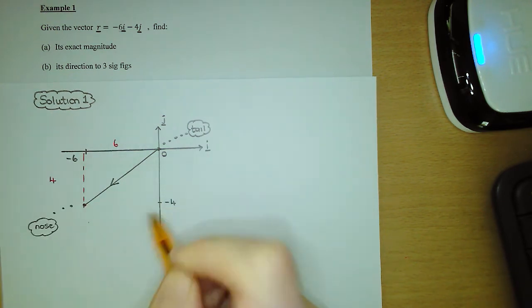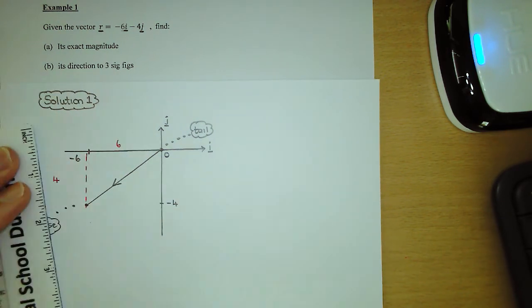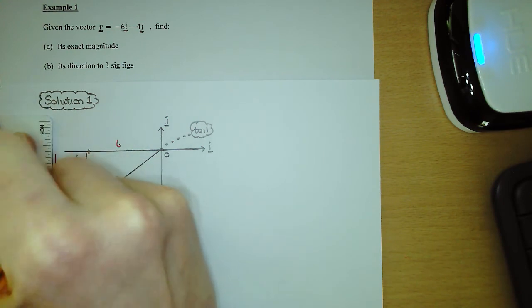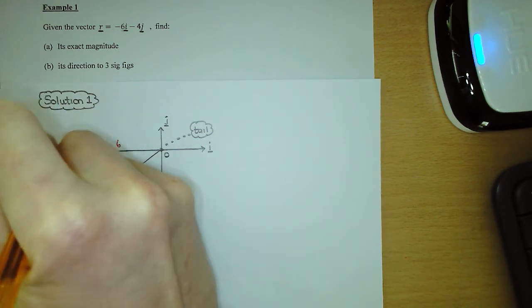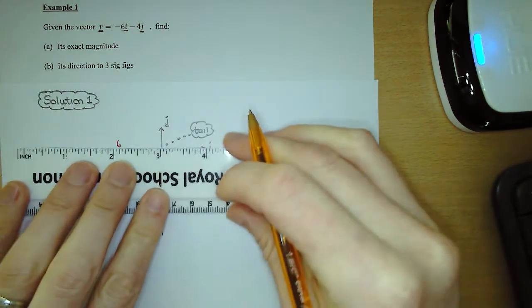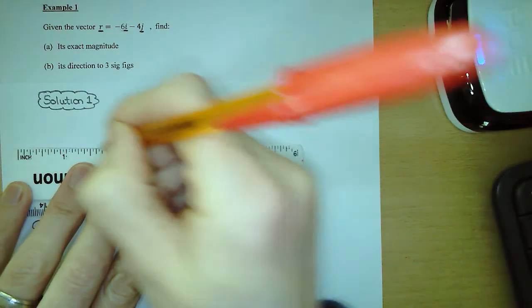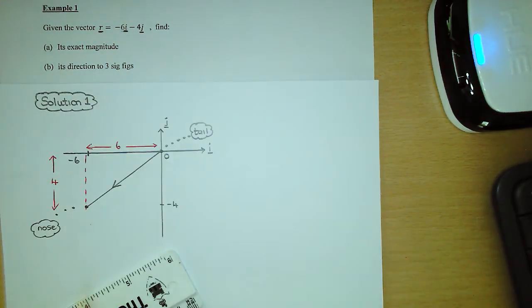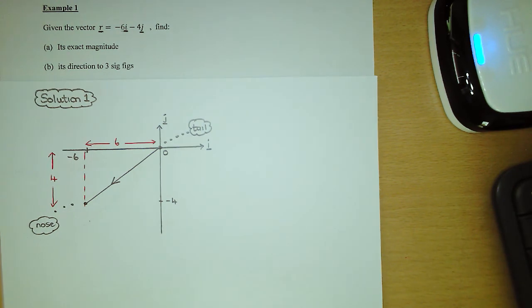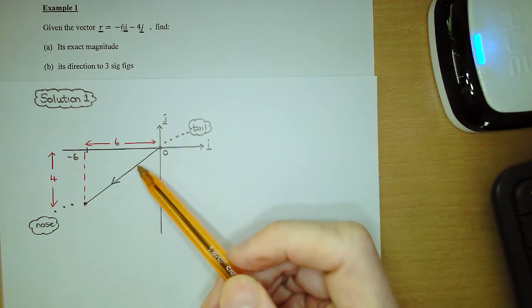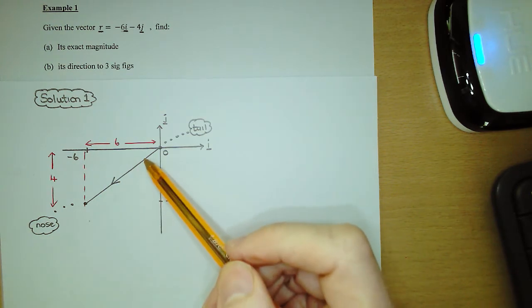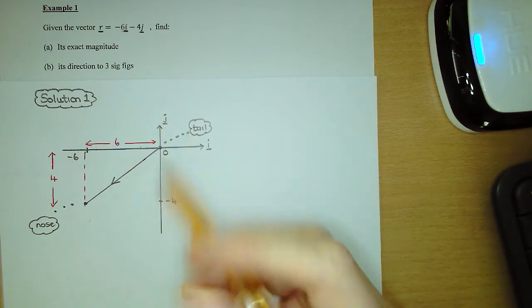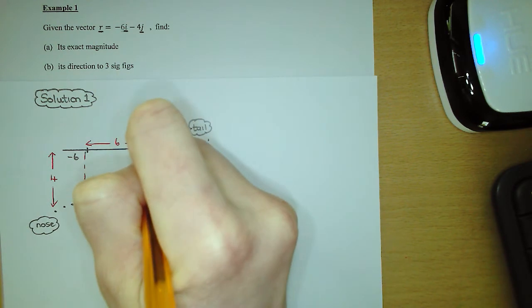Again, you ignore negatives. We also need to put the direction in our sketch. Now remember, the direction is given by the angle theta, and theta is always measured between the vector and the horizontal axis. So theta is going to be in here.